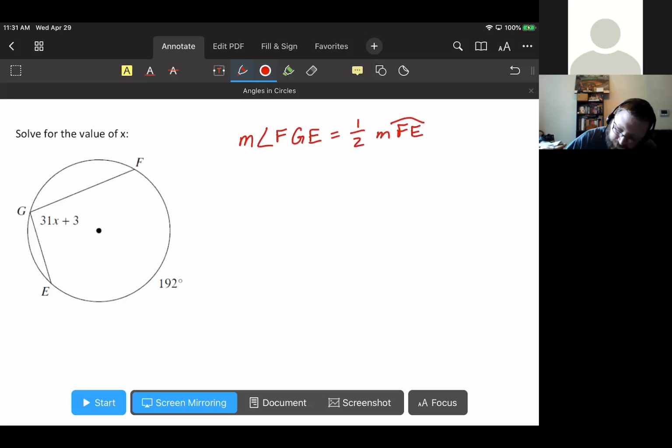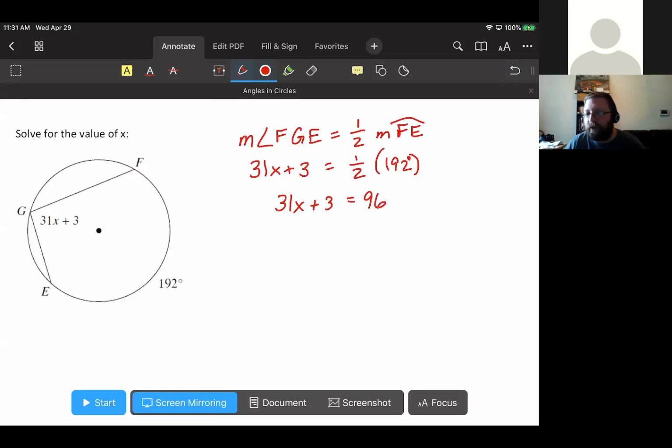So we plug in what we know here. The angle is 31x plus 3. The arc is 192 degrees. So we do 192 times 1/2, which gives us 31x plus 3 equals 96. And then it's just a two-step equation, so we solve it like we always do.